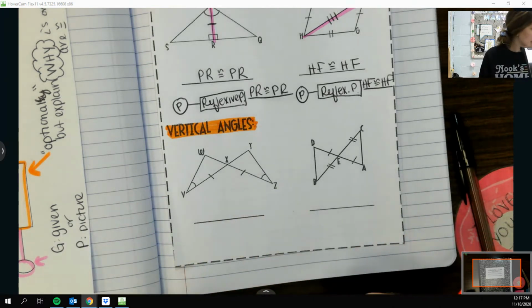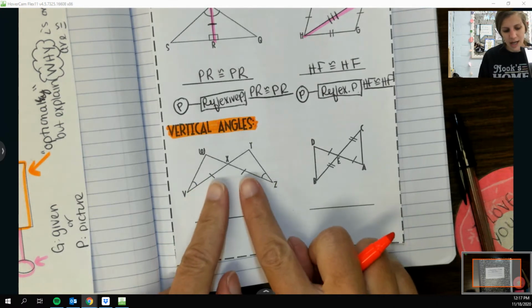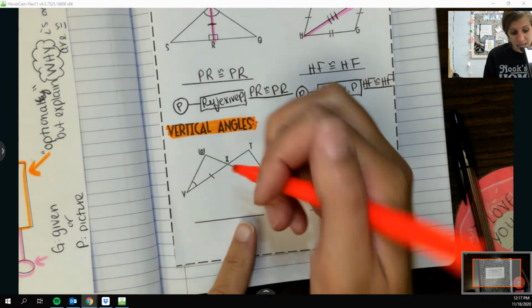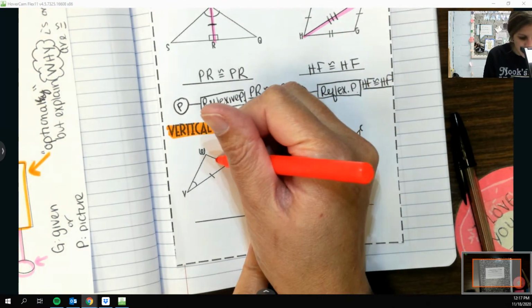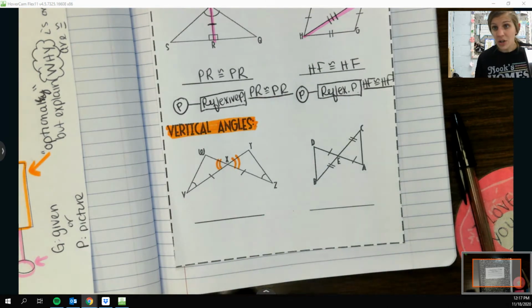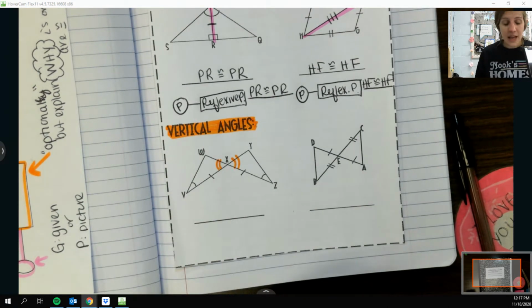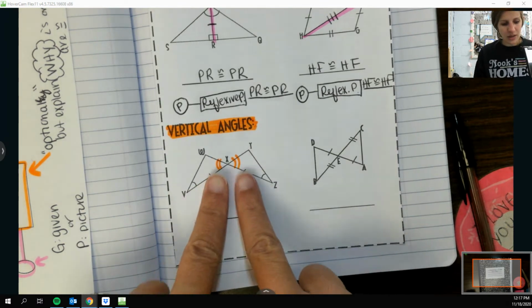So in this picture here, I can see that these angles are already equal, and then these sides are. So I need a third thing if I want to prove the triangle is congruent. And looking at this picture, I notice that these two angles here are vertical, therefore they are equal. Then I could actually prove that this triangle is congruent by angle, side, angle.